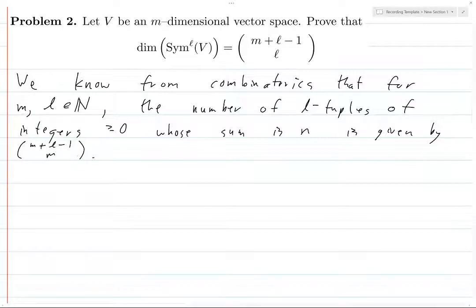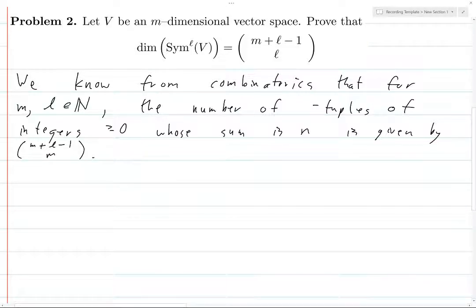And if you don't know it, then I don't know. But anyways, you should look at this thing and be like, oh, that looks really familiar. That looks like exactly what we're trying to prove. Except, here I should have written it differently.